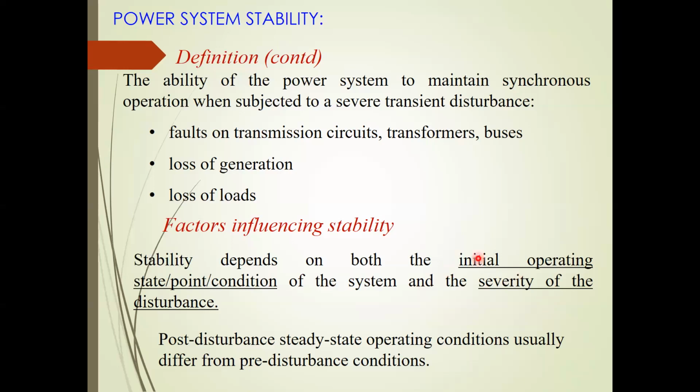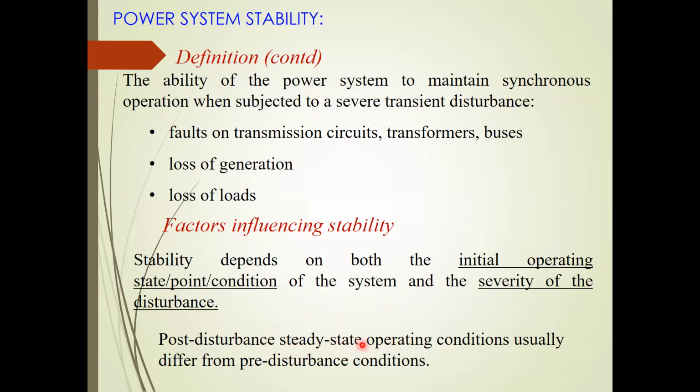So the stability of the system will depend upon the initial operating point, and then on the severity of the disturbance. One more point you should know is the post-disturbance steady state operating condition. That means if, following the disturbance, your power network becomes stable, then your power system is able to achieve a state of equilibrium.